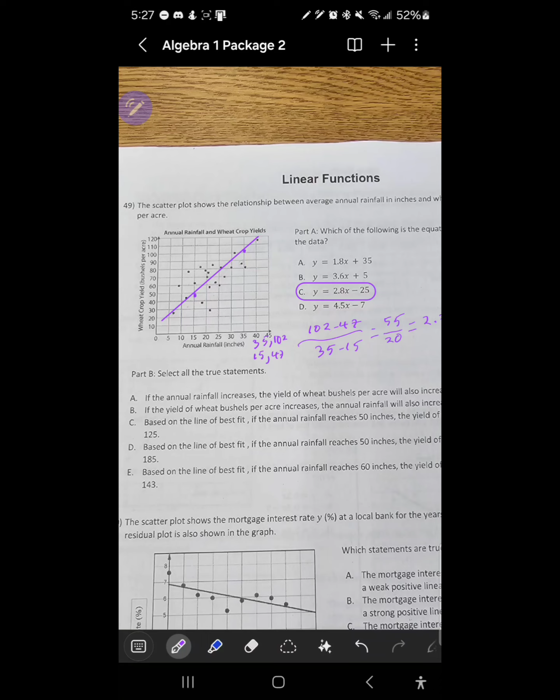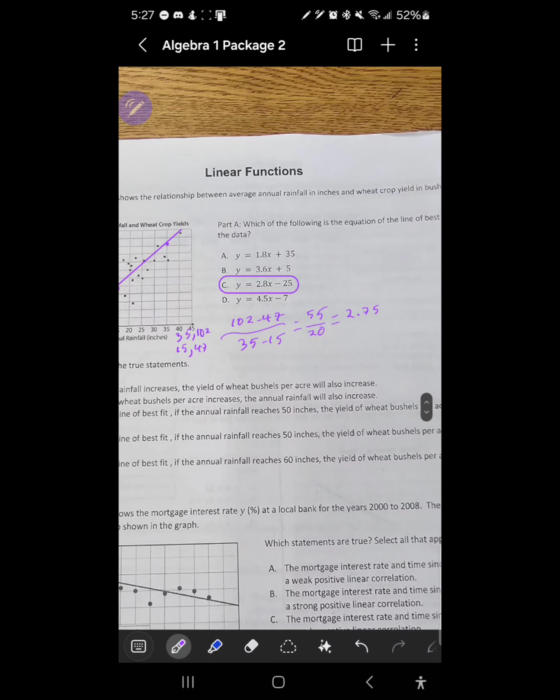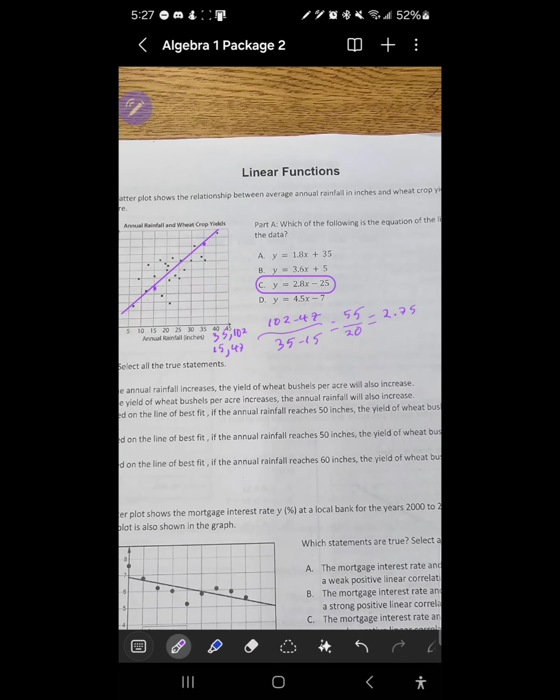And as we can see here, it's pretty positive. It's going upward diagonally. So yeah, A needs to be true. And B: if the yield in bushels per acre increases, the annual rainfall will also increase.